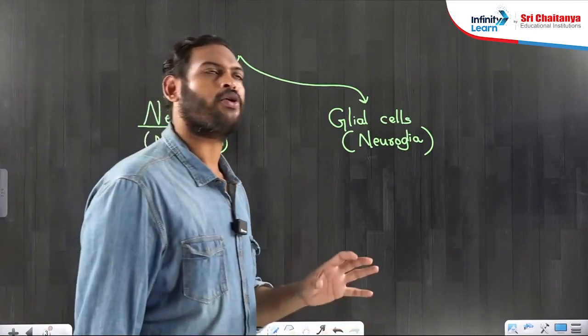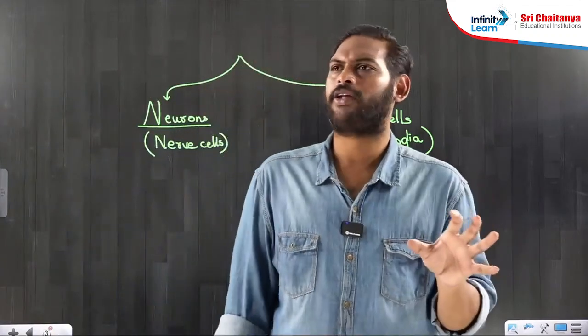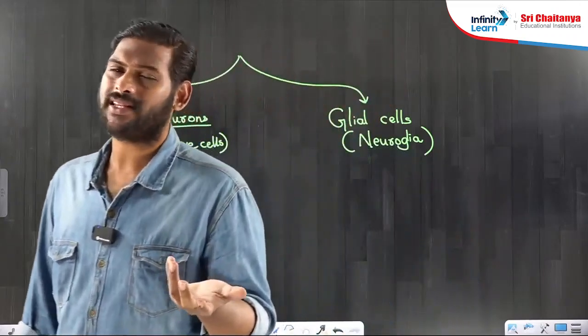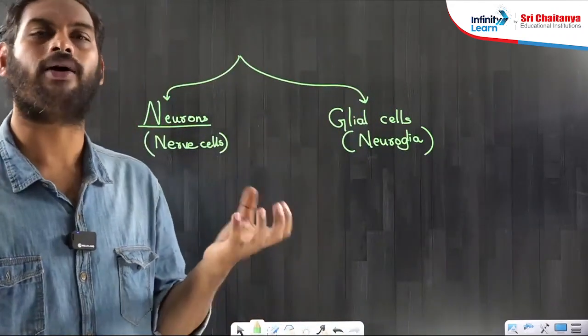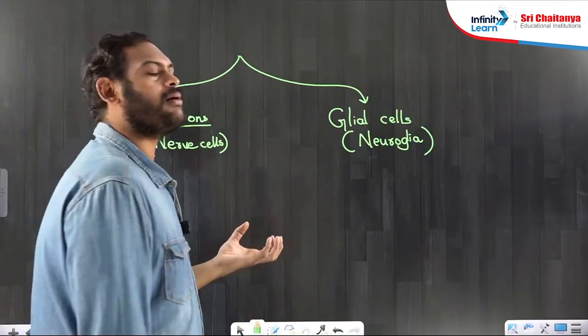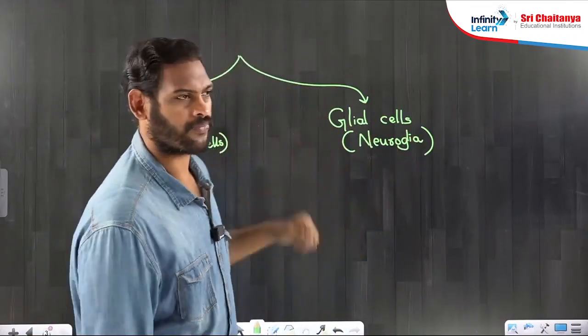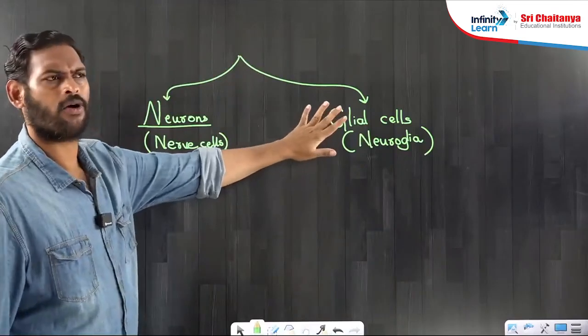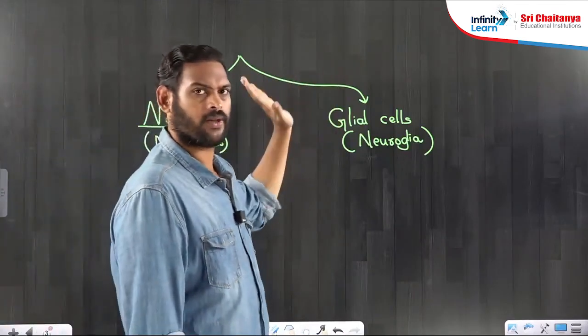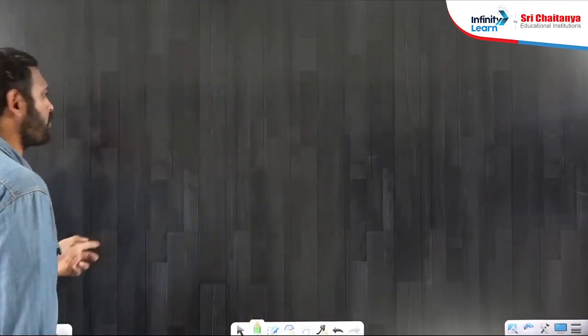So neurons comprise 30 to 40% maximum, whereas glial cells, glia meaning glue or gum, neuroglia, comprise mostly 60 to 70%. They may have different types also, not now. We have time for this. Okay. And one more thing.